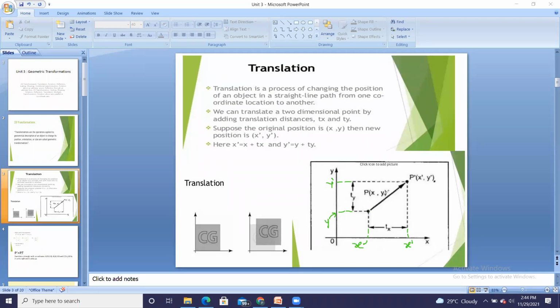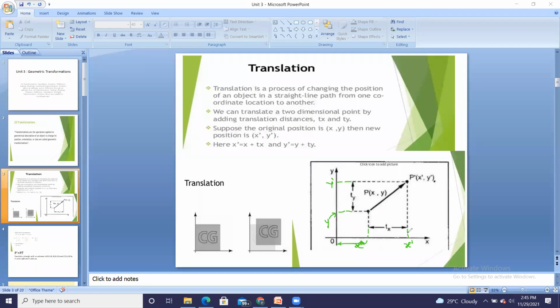So xy changes into x dash y dash, where what is x dash? X dash is your distance x plus this new distance tx. So tx is nothing but translation along the x-axis. This is the tx value, which is translation along x. So the new coordinate is the original coordinate plus the translation factor.